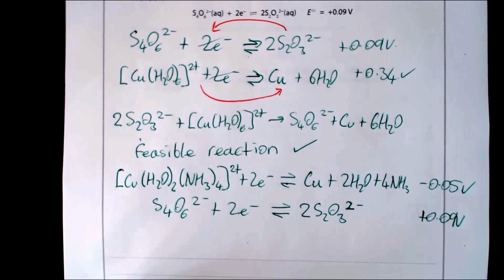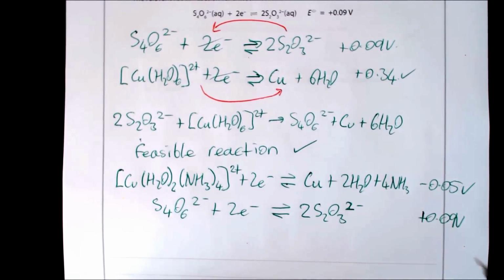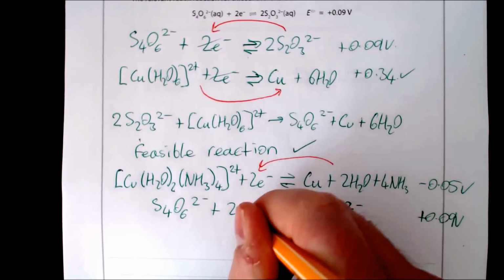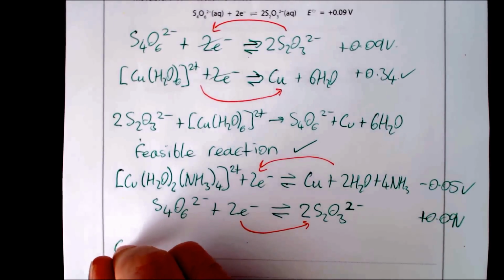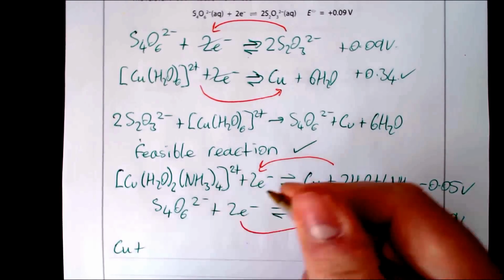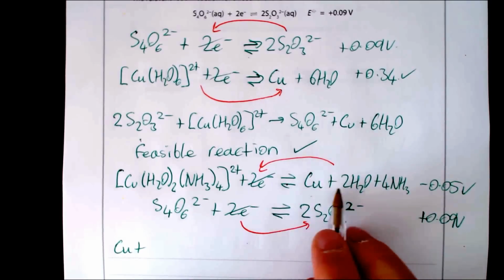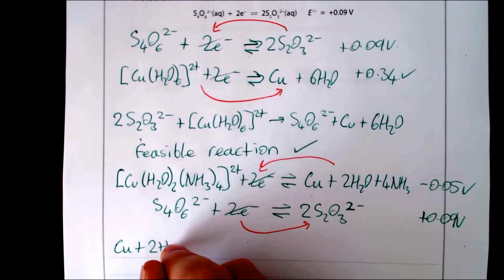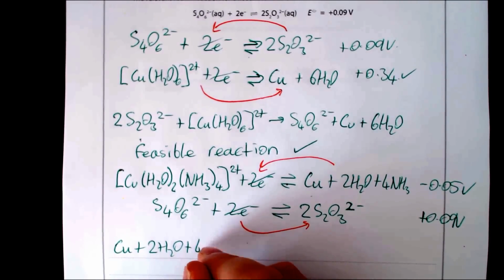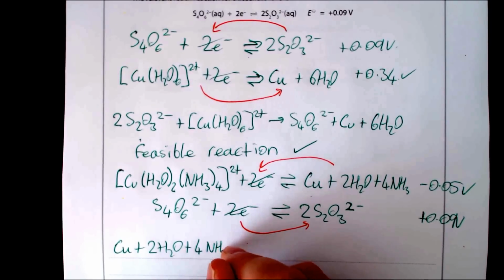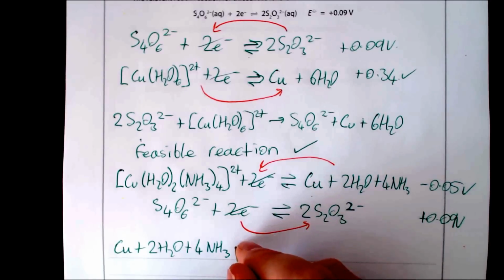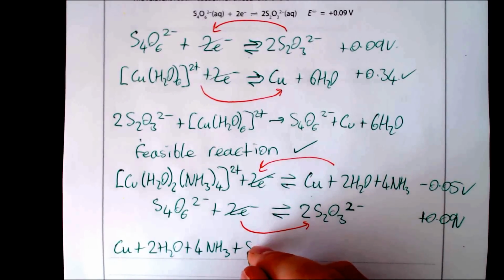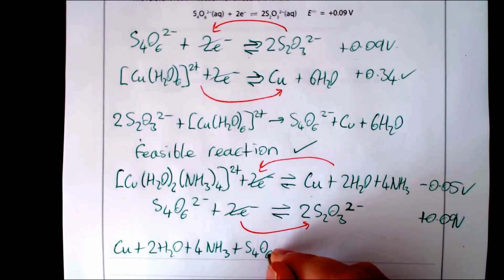Right, anti-clockwise rule. We're going to start from the right-hand side and swoop along to there and then swoop along to there. So at the start of the arrow, let's write our reactants, which is going to be Cu plus, make sure we cancel out our electrons, Cu plus 2H2O plus 4NH3, because that's all at the start of the arrow here, and that will react with this as well, S4O6 2-.